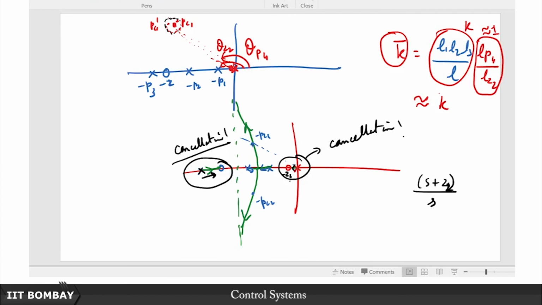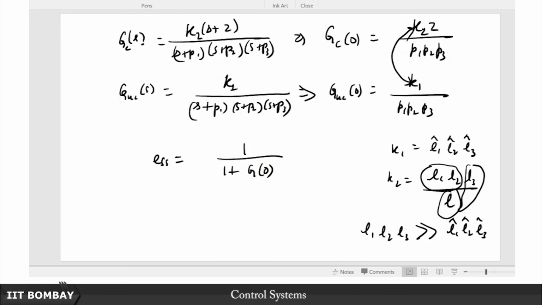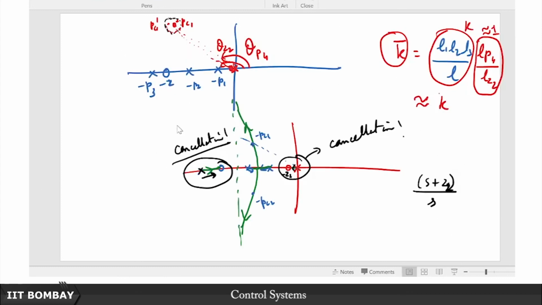So there are these potential problems. Of course, we don't go into calculations because this is meant to be a graphical technique. So what we do is, once we've designed this, we simulate. If the simulations are satisfactory, we just complete the design and say that we are done. If it is not satisfactory, we have to rethink not just this PI controller design, we might even have to rethink the PD controller design. We might have to say, okay, maybe we cannot place this here.